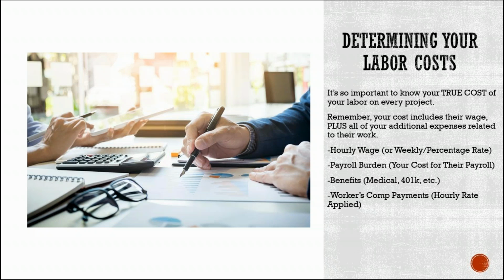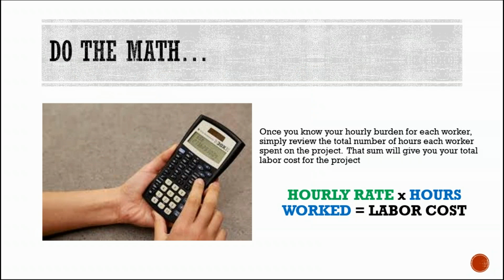Finally, we've got workers' compensation benefits. You pay a workers' compensation insurance rate to your insurance company based on, in large part, the hourly rate of your individuals, not just their hourly amount, but how many hours they work. So you can actually drill down a cost for their workers' comp payments as well. Very important to understand that all of these costs are considered labor burdens.